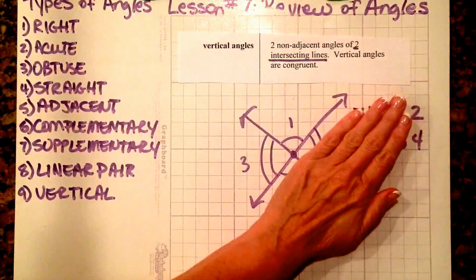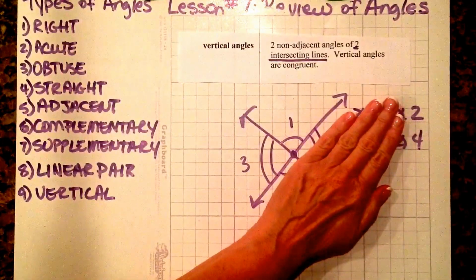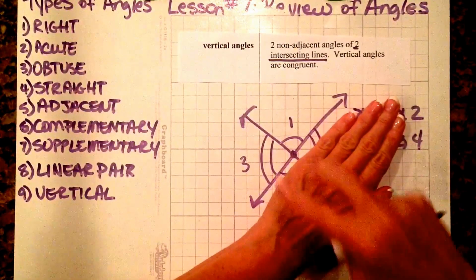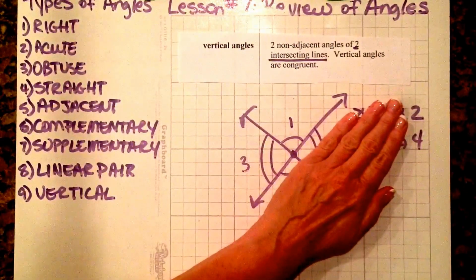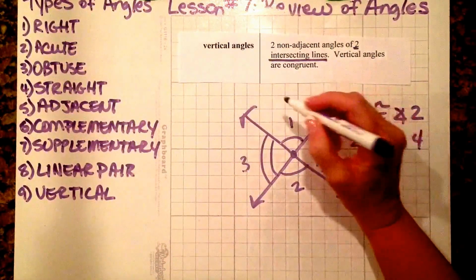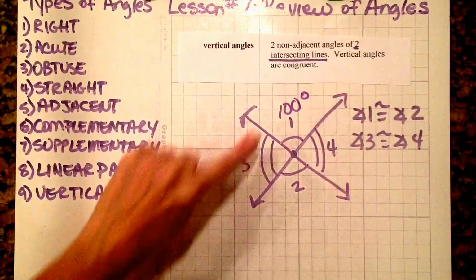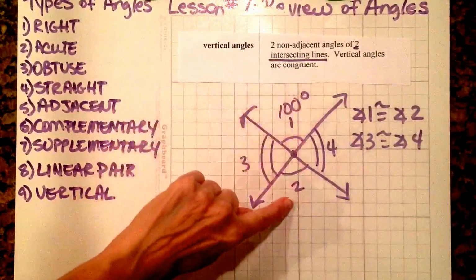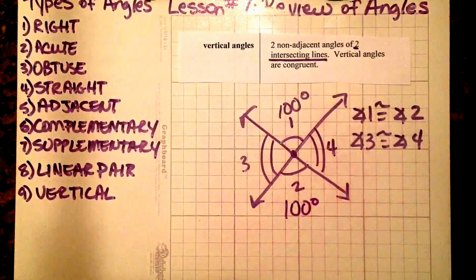Now, what else can you say? I'm going to cover this up. Angle 1 and angle 3 form a linear pair, don't they? Okay, and they're going to be supplementary. So this angle plus that angle is 180, isn't it? So let's say, for example, I say that this angle is 100 degrees. You can tell me that angle 2, since they're vertical angles, that's 100 degrees also, isn't it?